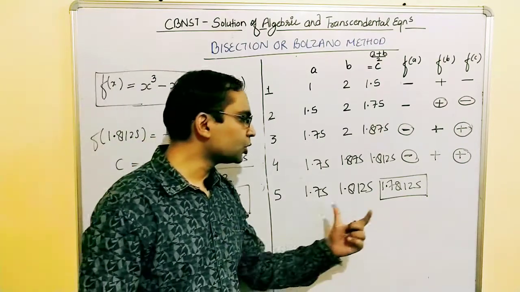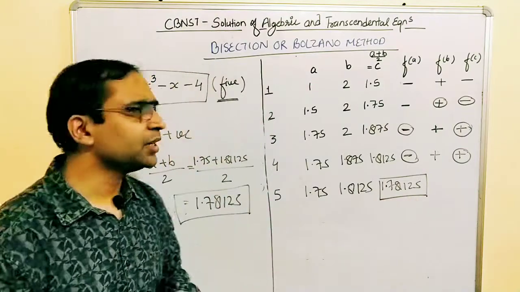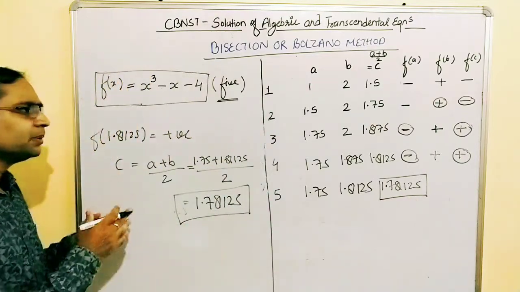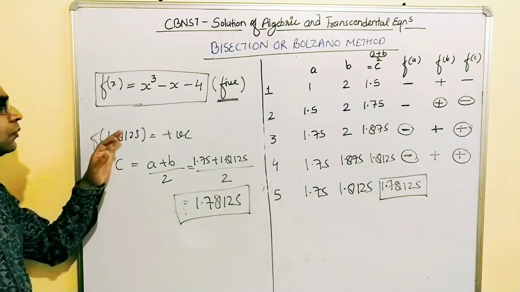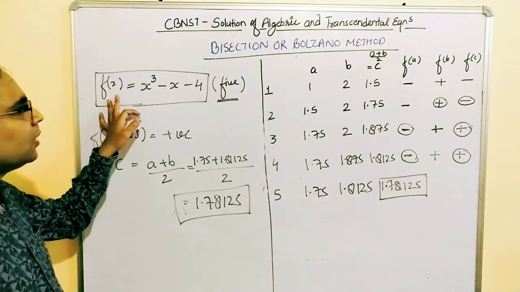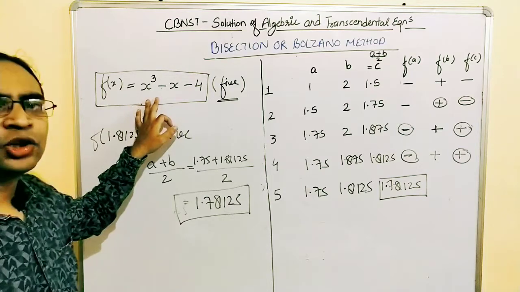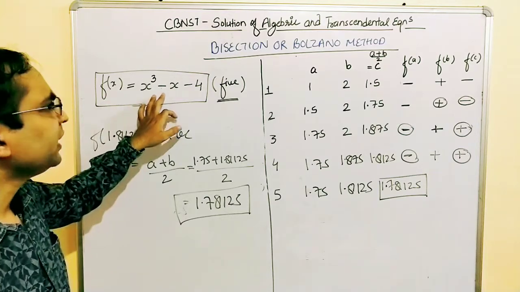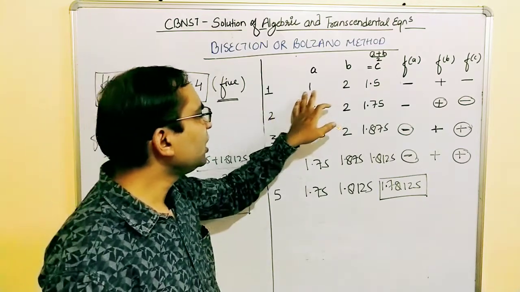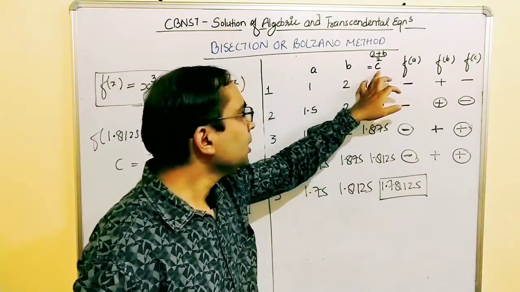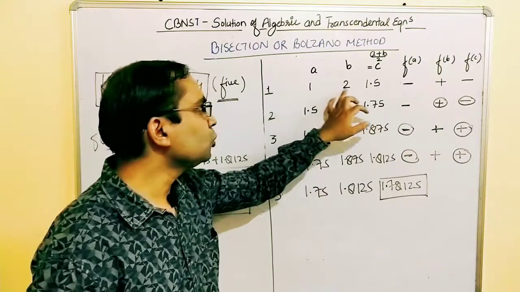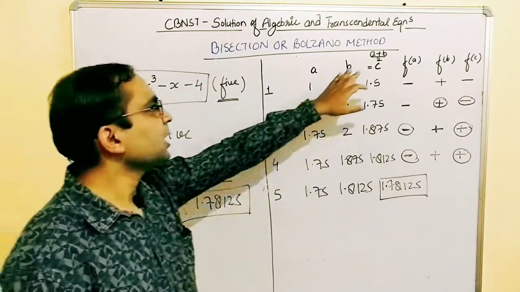I hope you have understood the concept of the bisection method. It is a simple method. Just a quick revision: we first need to find the initial interval where at one end the function is positive and at the other end it is negative. Then we begin with the initial interval and find the mid value, C, by averaging these two values, A plus B upon 2.